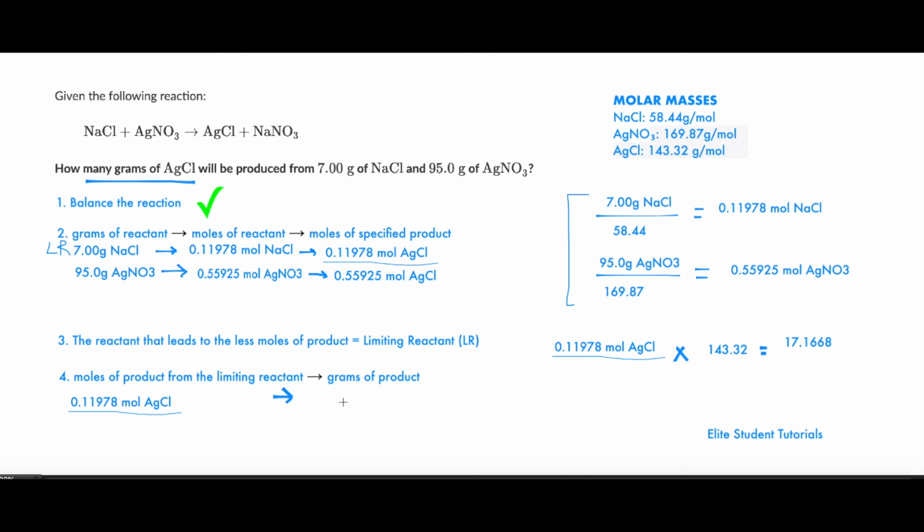So using that calculation, we found out that we have 17.1668 grams of AgCl. With sig figs, since we have 3 sig figs in the problem, the final answer is 17.2 grams AgCl.